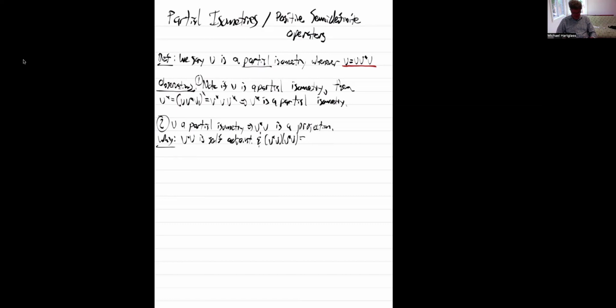Let me do better about my copying. This is V star V V star V, but now by definition of partial isometry, this is just V. So I get V star V. Cool. So V star V is a projection, and then this also means that because V star is a partial isometry, similarly, we also get that V V star is a projection.